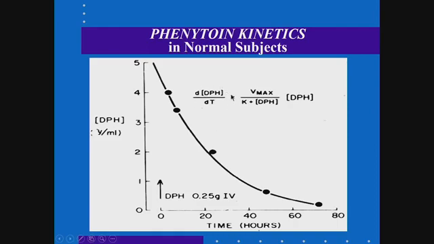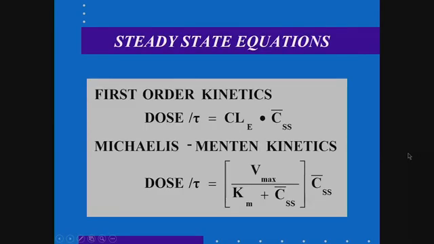This is the rate of change of phenytoin plasma concentration, which does not follow first order kinetics, represented here, but rather is determined by the Vmax, that is the maximum capacity of the metabolic pathway, the Michaelis constant, and here again the phenytoin concentration terms. So this is a deviation from first order kinetics of elimination.